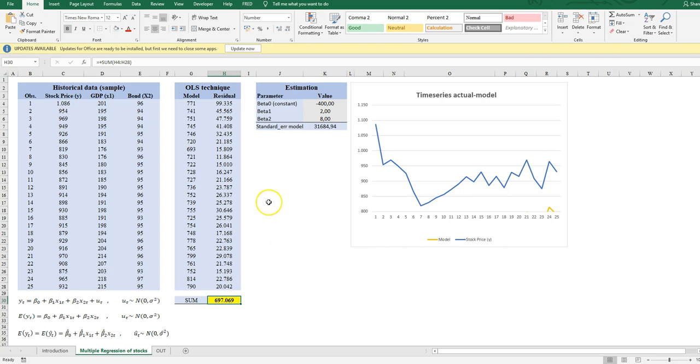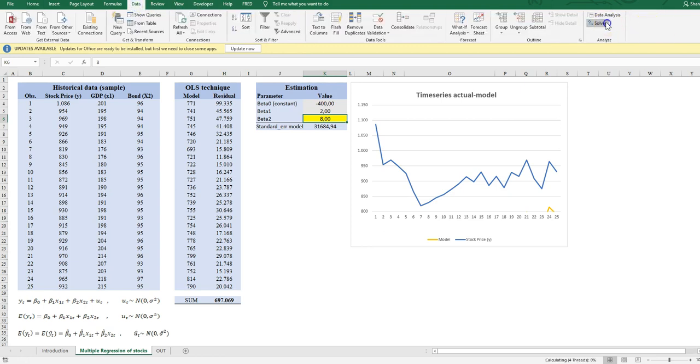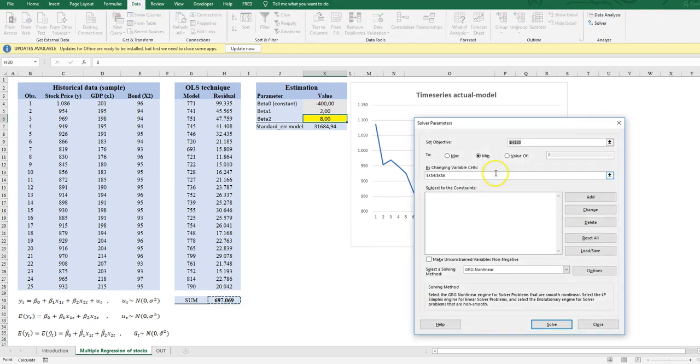I can do that in a couple of ways. I could use some matrix notation, but I will not do that here. I will rely on a solver technique, which we find in the Data tab, Solver.